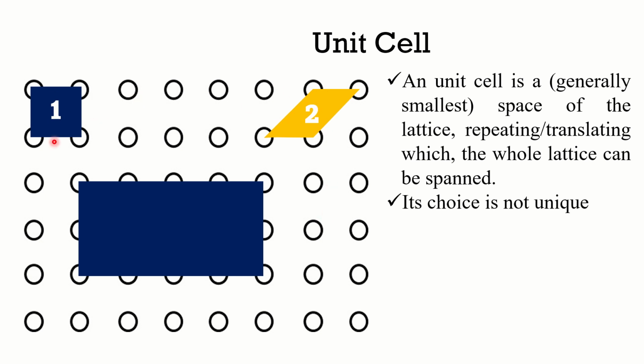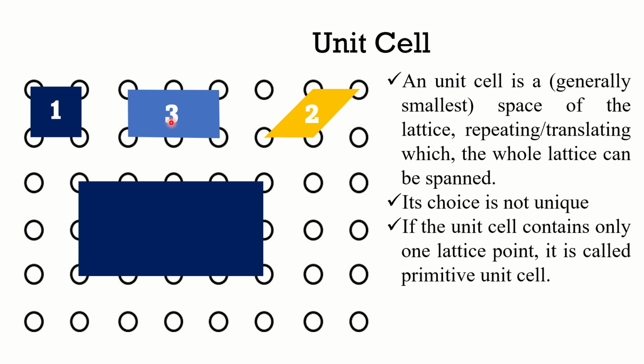So this is a choice of unit cell. This is also another unit cell. So its choice is not unique. I can even choose this third region which looks like this. This is also one unit cell, because if I repeat this, I can fill the entire space. But this is not the smallest area or the smallest volume.